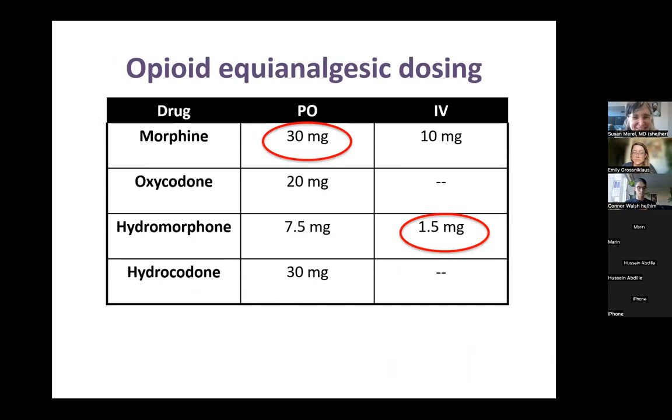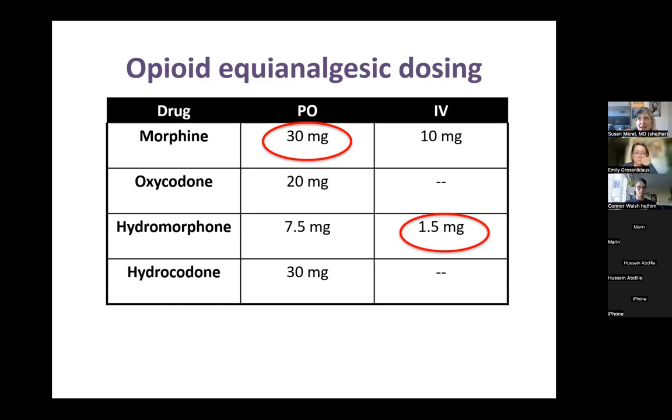I have a chart here. It's just for conceptualizing this, that opioids have different potencies. And so when we do opioid conversion, we're just looking for an equianalgesic or equivalent dose.